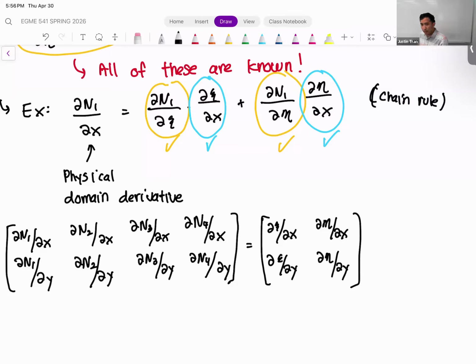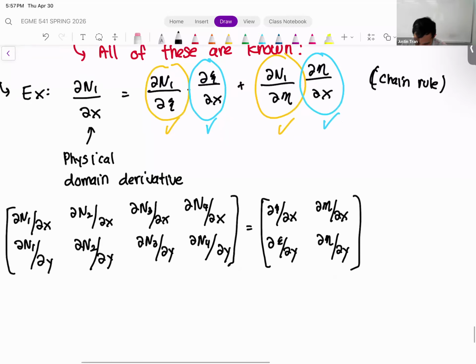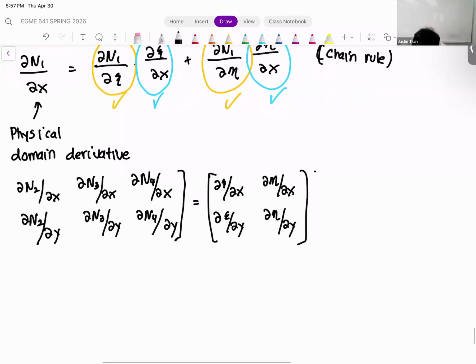We're going to multiply that by a matrix that has two rows and four columns of our shape function derivatives in the isoparametric domain. Okay, so we're going to multiply this by partial n1, partial epsilon, partial n2, partial epsilon.